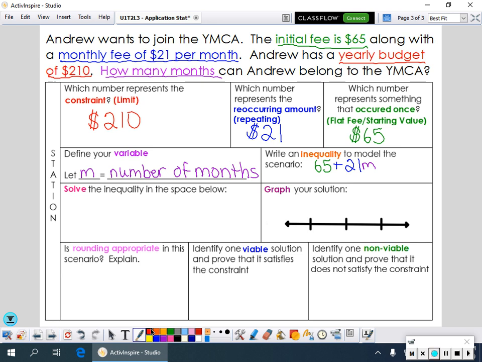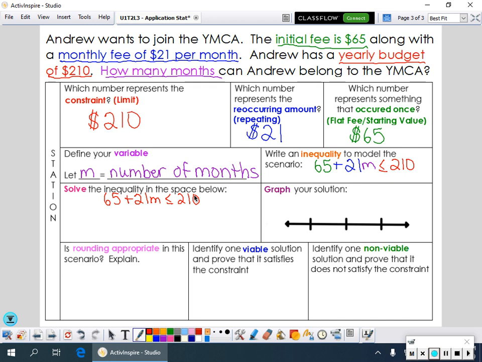And he cannot spend more than $210. So $210 is the greatest amount he can spend. He has to spend less than that amount, or he could spend equal to it if he spends every single dollar he has. So my inequality is 65, his initial fee, plus his $21 every month, and that cannot be more than $210.